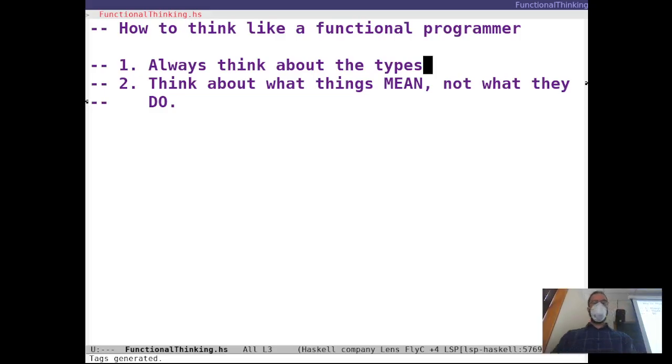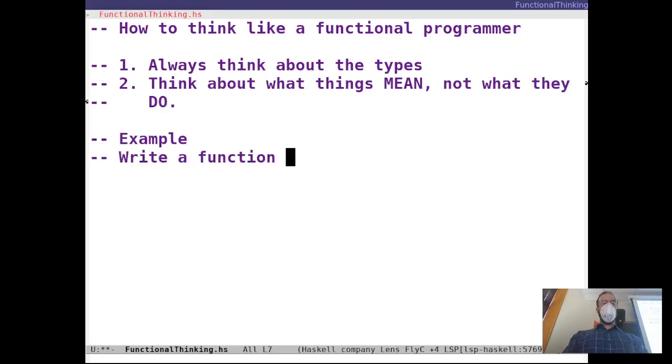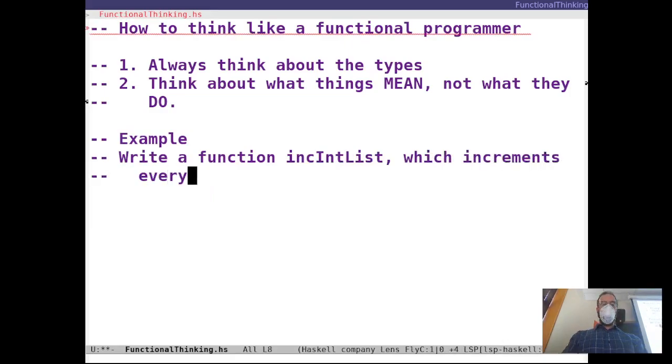So I want to do a small example, and we'll just think through these things kind of as a microcosm. Let's say I wanted to write a function. Let's say I was given the task to write a function called incr_list, which increments every number in an int list.